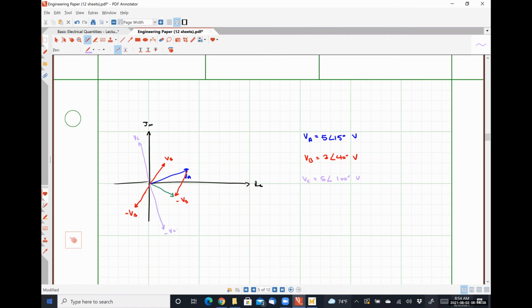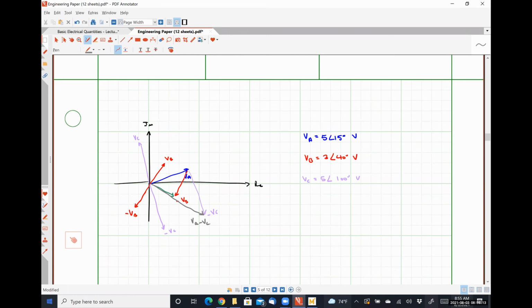This would be negative VC. So when I added that to this guy, my resultant thing, and I know this is getting messy, I've done a subtraction, but the magnitude of this guy looks longer than either of the two that I had previously. But it has to be right because that's how vectors work.